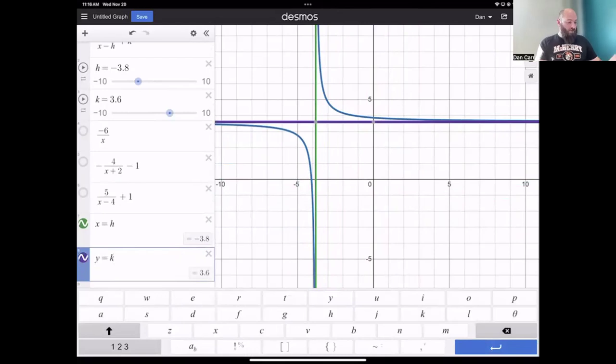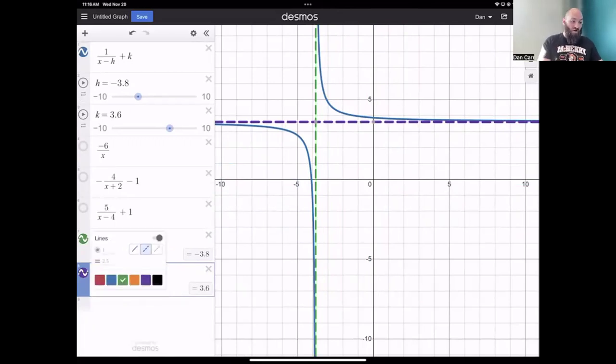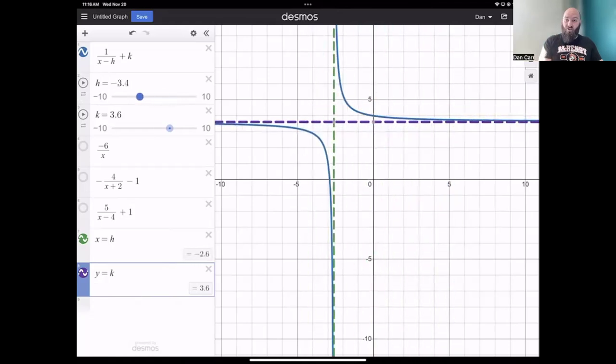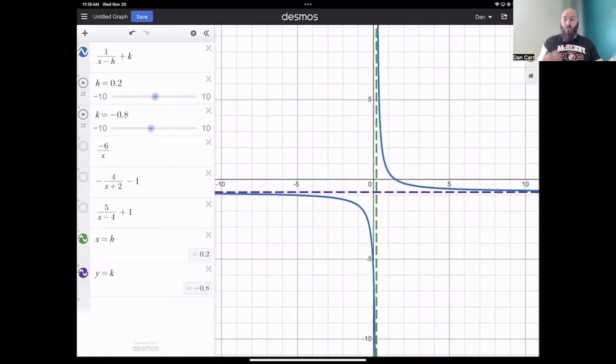My bad. So you can see, I like to do it as a dashed line just to show them a little bit differently. You can see the vertical and horizontal asymptotes. As I move this around, this is changing my vertical asymptote. This one's changing my horizontal asymptote. So my asymptotes change along with h and k changing. So that's what we're showing with that part there.